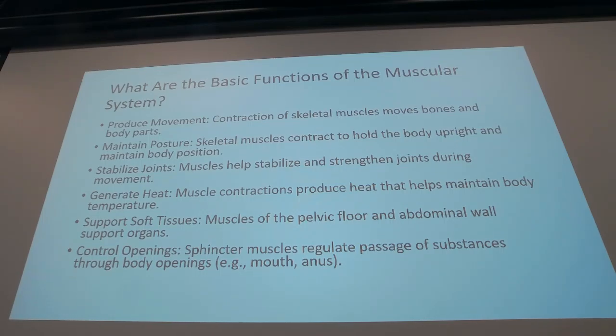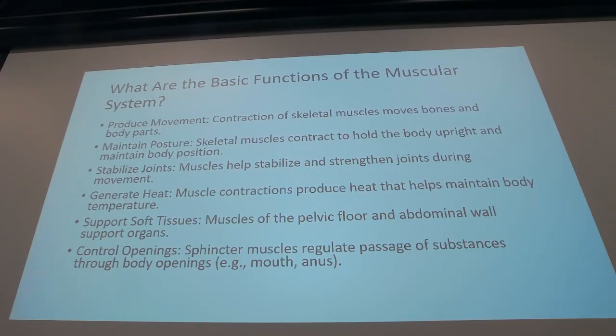And it helps to support soft tissues, like the muscles of the pelvic floor. It helps to support all these pelvic floor organs, like the urinary bladder, ovaries, uterus, etc. And as well, it helps to control openings.